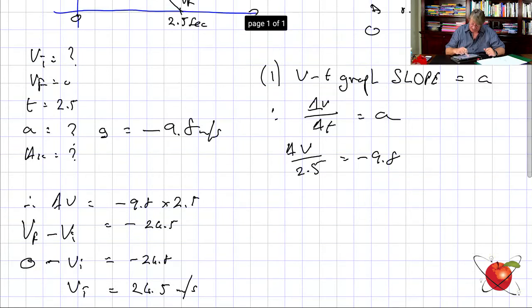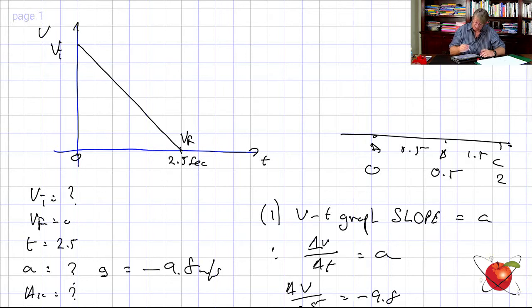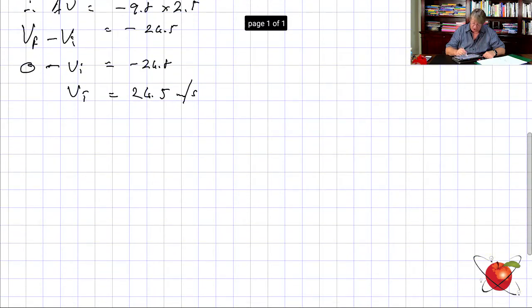So I can go back to my graph now and I can say, right, remember in physics when we're answering a question, we go back and say, right, VI is 24.5 meters per second. Now you say to yourself, all right, the next part of the question was, how high did it rise?